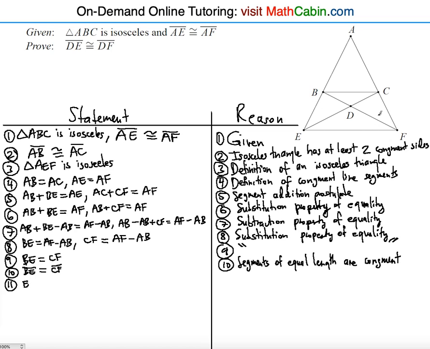Okay, so now the next step is to see that EF, so notice that we're trying to prove these two triangles congruent, BEF and CFE. We already showed that one of their sides is congruent, right? So BE and CF are congruent. And notice that these two triangles, CFE and BEF, share common side EF. So first we're going to show that EF is congruent to itself.